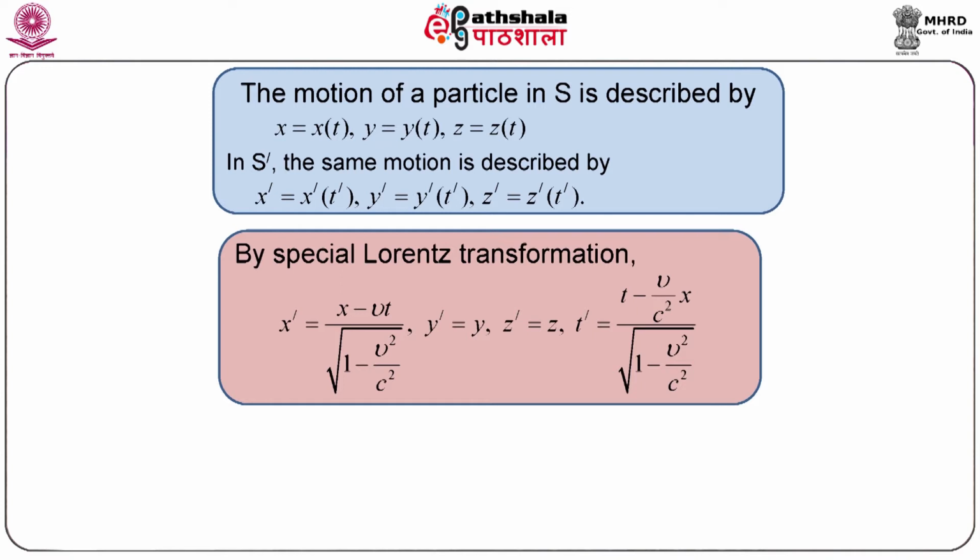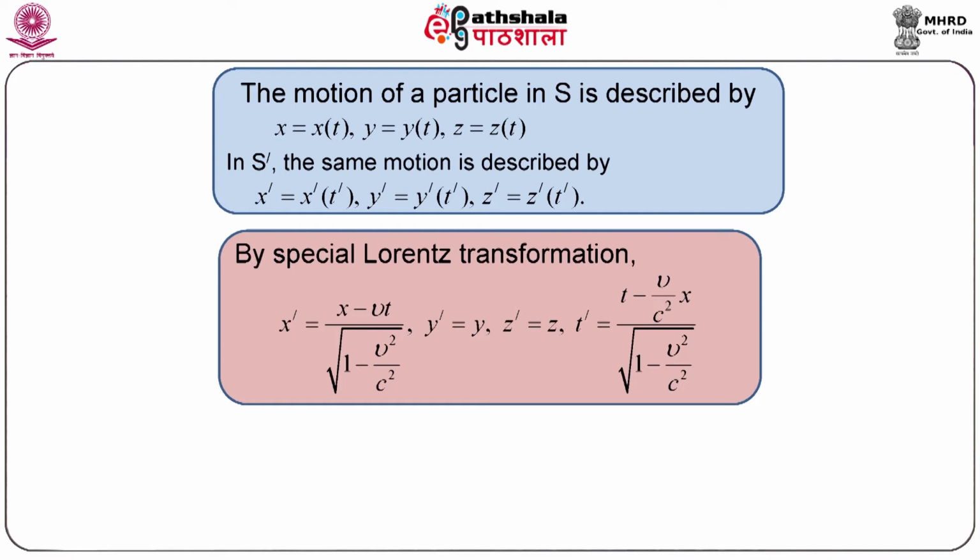Here, x dash coordinate of frame S dash is connected with the corresponding coordinate x of frame S. v is the velocity with which frame S dash is moving with respect to the fixed frame along the direction of the common x axis. t is the time, c is the speed of light. y dash is equal to y, z dash is equal to z. t dash is related with the corresponding time t in frame S. t dash is the time in frame S dash.